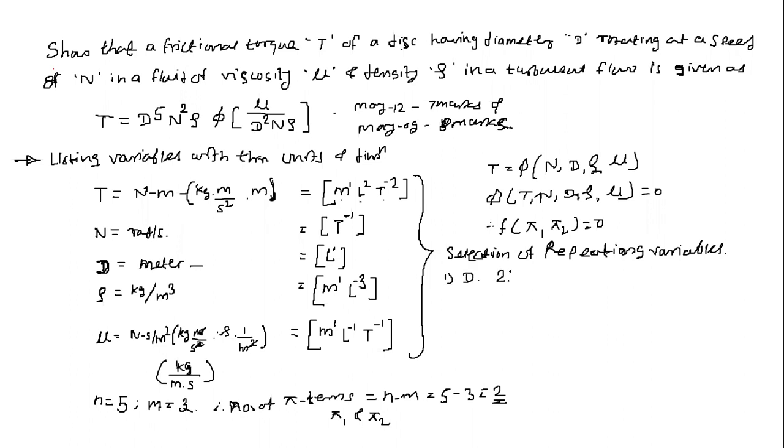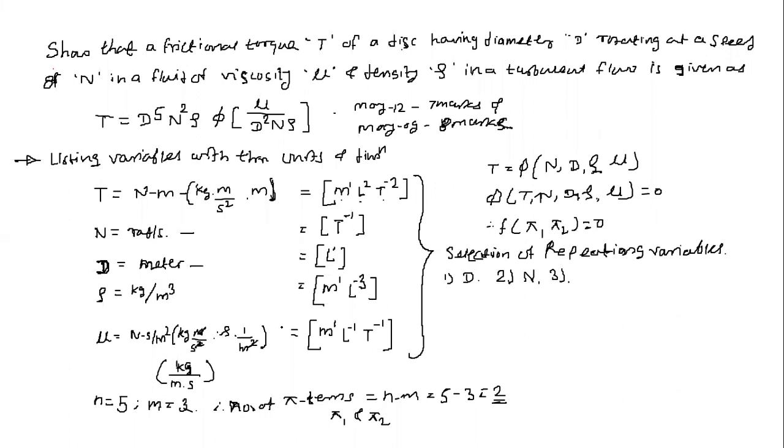Then the second repeating variable is going to represent the kinematic property, that is, velocity. For the velocity they have given us an angular velocity, angular speed. So I would like to consider N. The third repeating variable has to represent the dynamic property, that is, a fluid property.